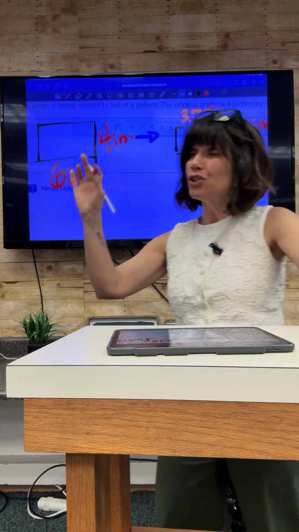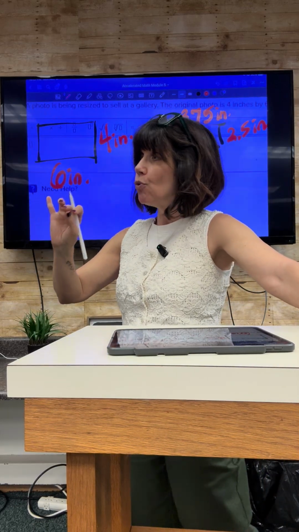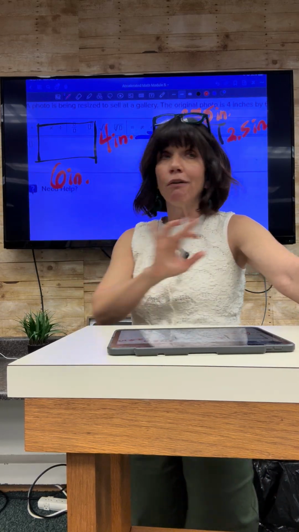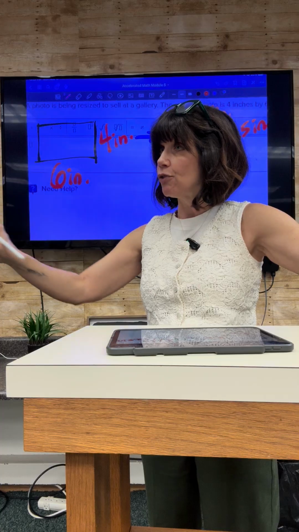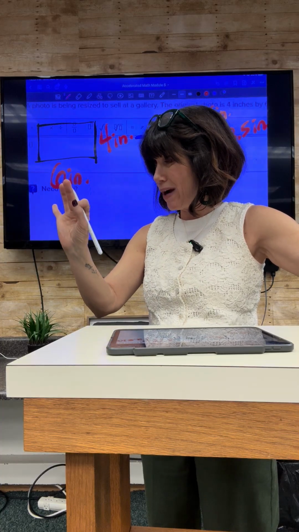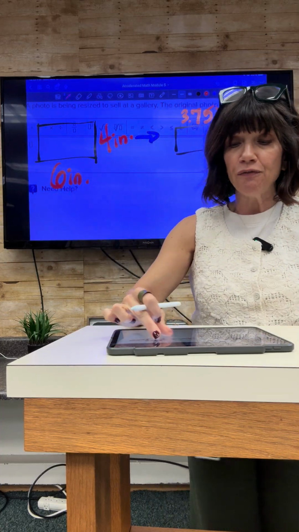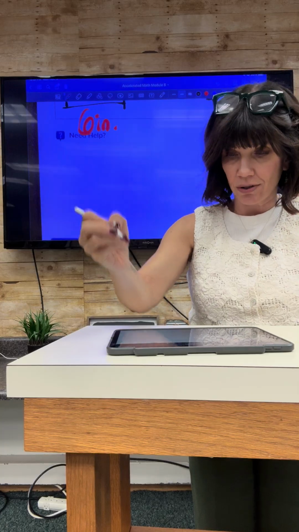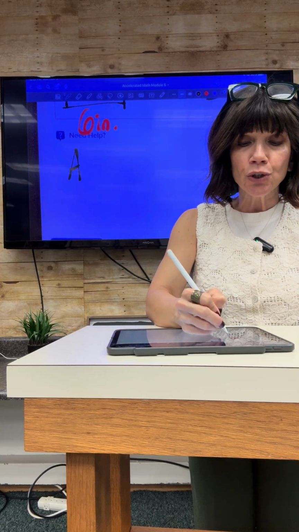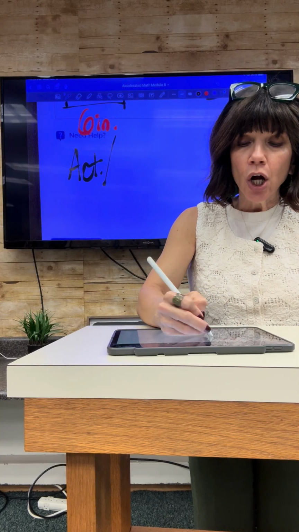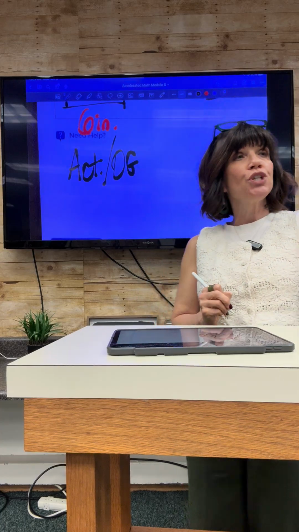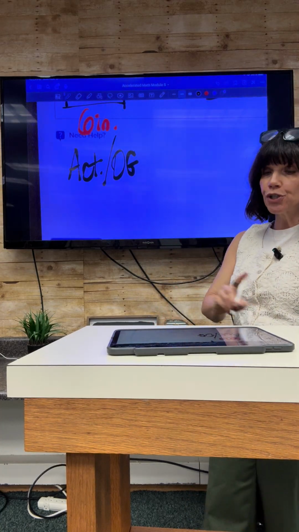Now, I want you to write a rule you are going to need to use for all of the scale factor questions today. Are you ready? Please write the following. It's words. You got this. Actual or OG. What do you think OG stands for? Original number.